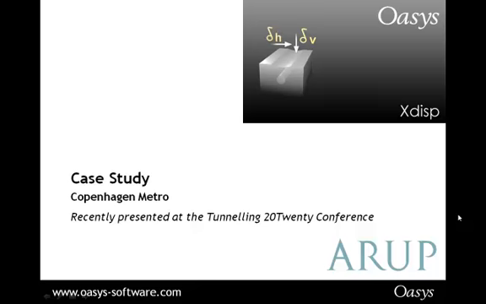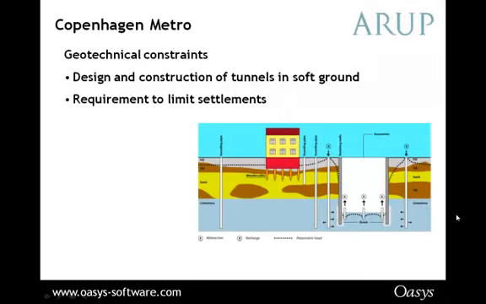So what I'm going to do for Xdisp is I'm going to cover a case study. This case study is very interesting, actually. It's the Copenhagen Metro. It was recently presented at the Tunneling 2020 conference, and it was designed by Arup and Covey.